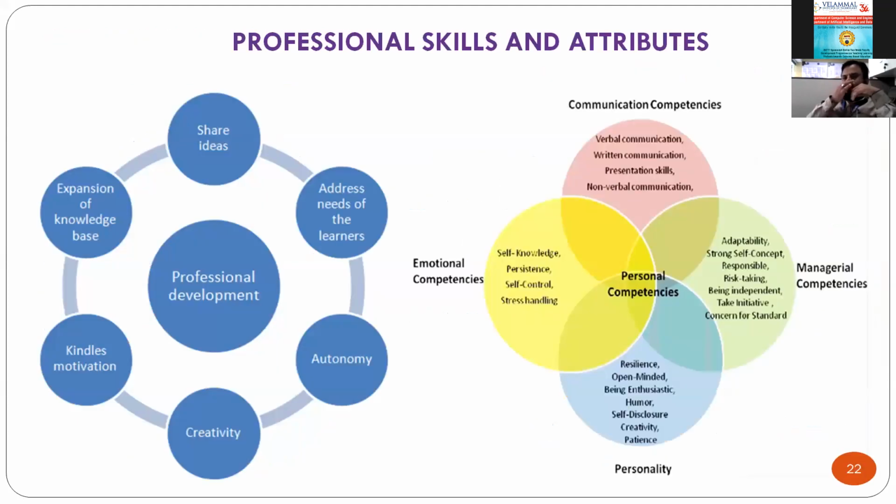So you have already discussed professional skills and attributes: share ideas, address needs of the learners, autonomy, creativity, motivation, expansion of knowledge base. Suppose in our subject there is anything motivational or business related, we should encourage them.